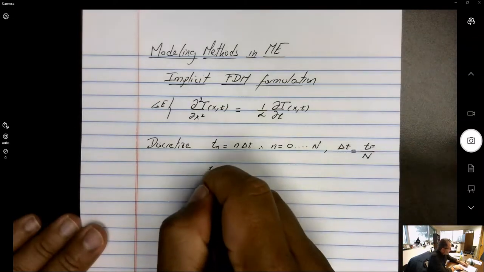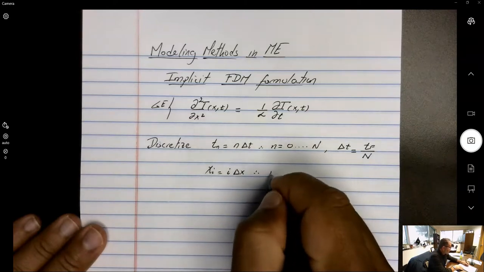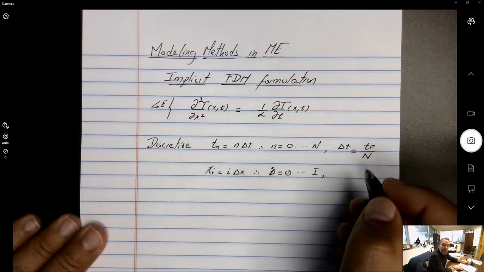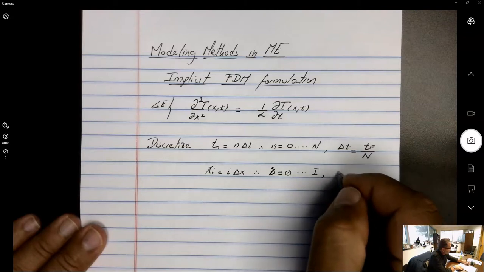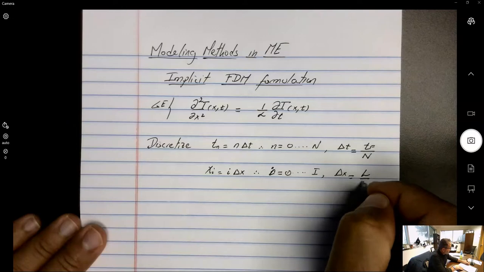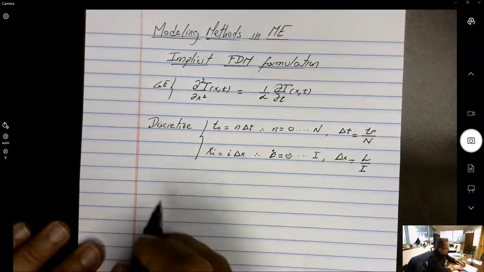And in space, x_i goes as i delta x. So we have a number of grid points where i goes from 0 to I. So we have I plus 1 nodes. And delta x is simply L divided by I, the length of the domain in the x direction divided by I.